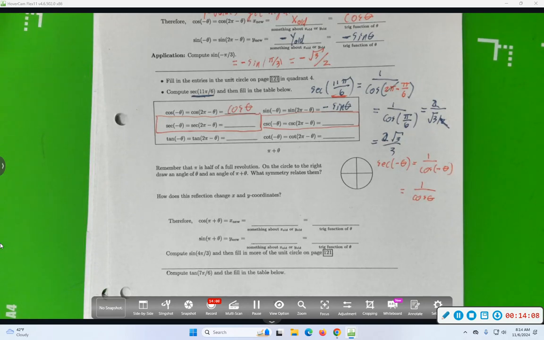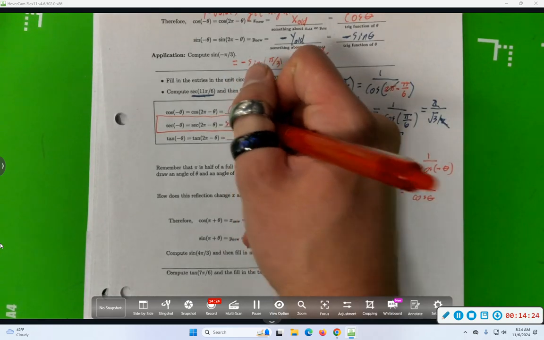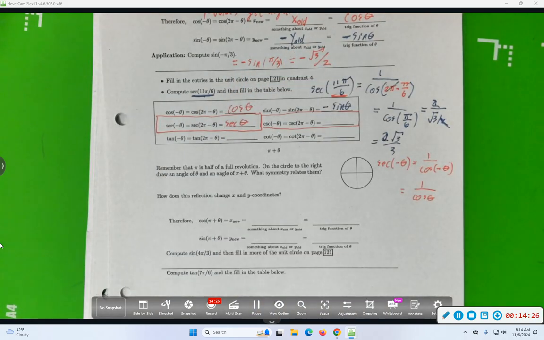But which single trig function is 1 over the cosine? Secant. Oh, so secant of negative theta is secant of theta. So secant is even.